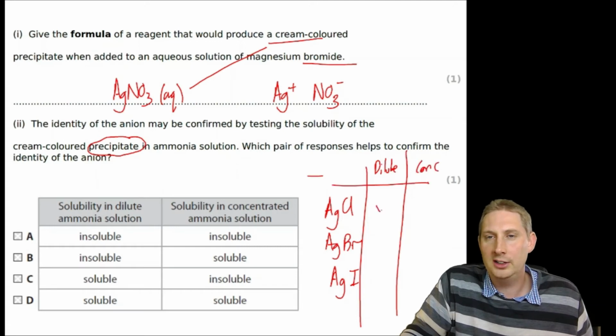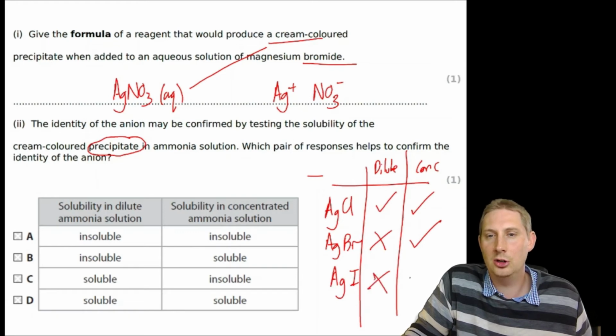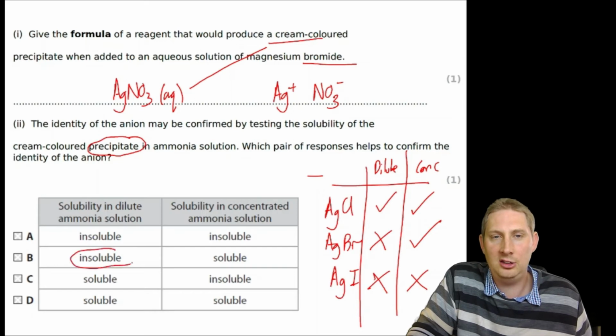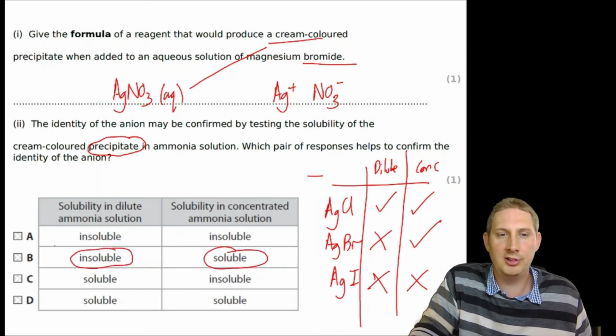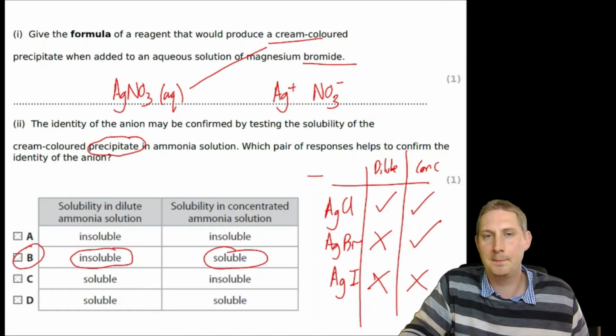The chloride would dissolve in both. The bromide does not dissolve in dilute ammonia, but does dissolve in concentrated ammonia. The silver iodide does not dissolve in either. So which pair of responses helps to confirm the identity of the anion? It's a bromide, so it would be insoluble in dilute ammonia, soluble in concentrated ammonia, B.